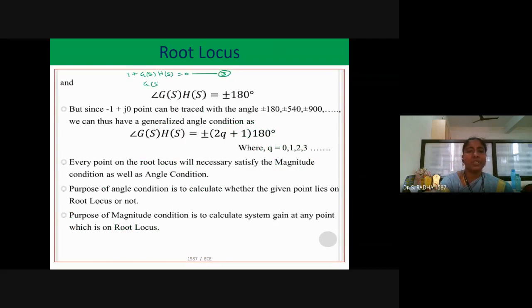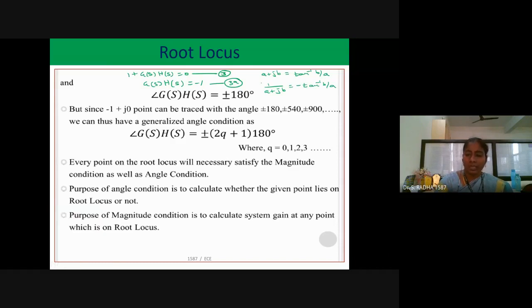If I write G(s)H(s), it is equal to minus 1. This is 3a we had in the previous slide. Now, how to calculate angle? If a plus jb is there, the angle is tan inverse imaginary by real. If 1 by a plus jb is there, it is minus tan inverse imaginary part by real part. This is the formula for calculating angle.